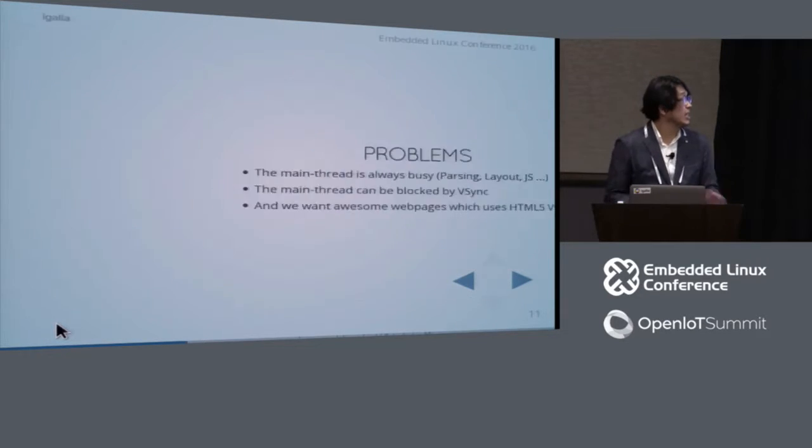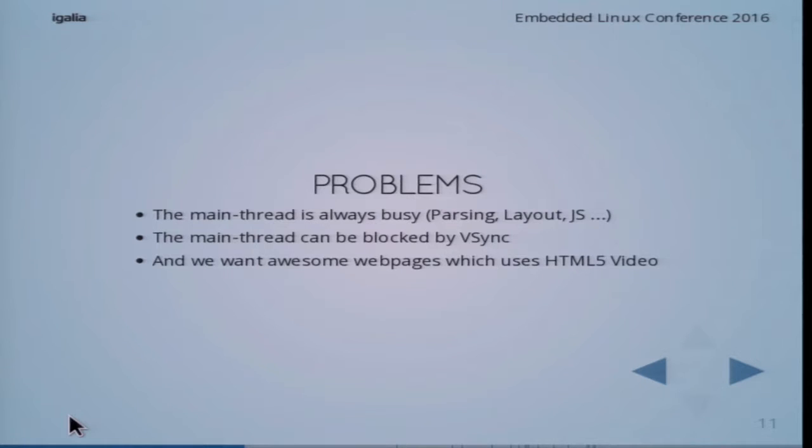But the problem is when we are using it in embedded systems, because the CPU is quite slow compared to desktop, that makes really slow whole operations such as layout and parsing and JavaScript executions and rendering. It was quite slow in the embedded systems because the main thread is really busy.